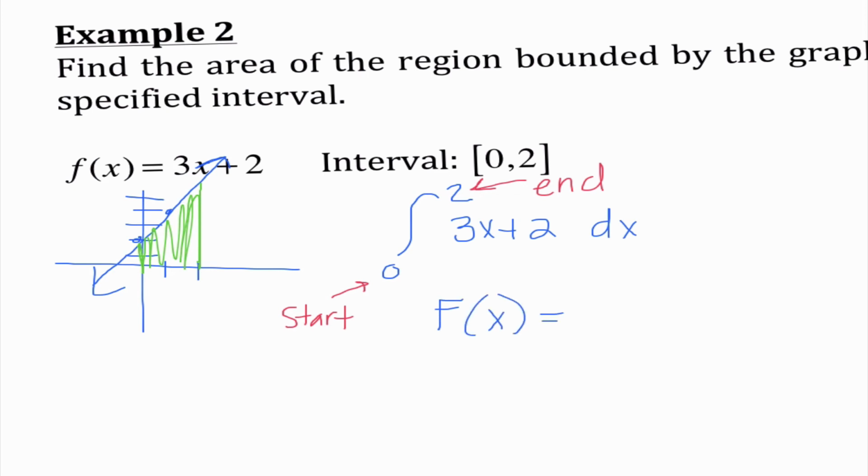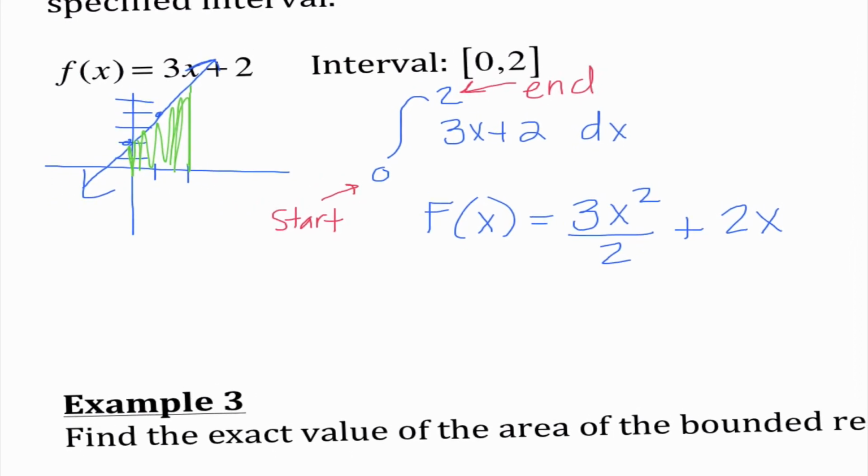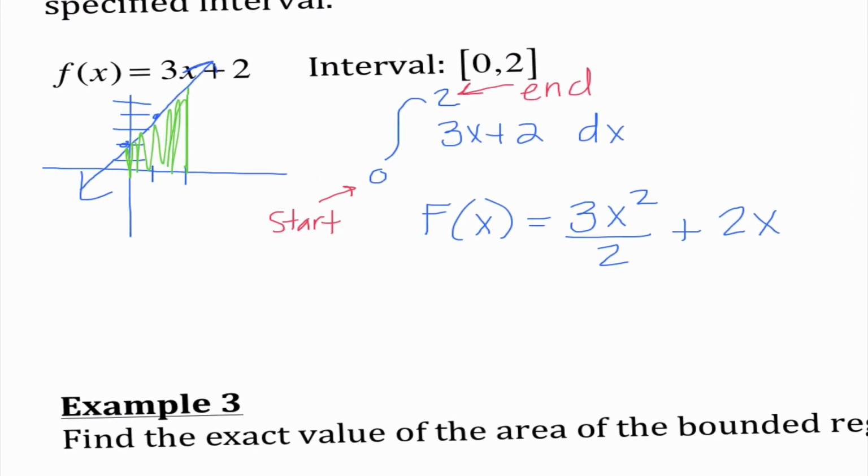For 3x, this would be 3x squared over 2, and 2 would just become 2x. From this point, I need to do f of 2 minus f of 0. 2 is where in our interval we're ending. 0 is where we are beginning.